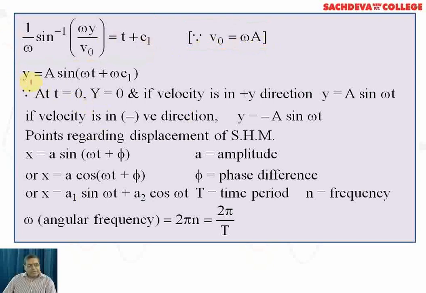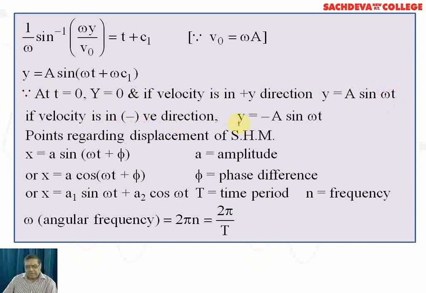Now the equation is y is equal to a sine omega t plus omega c. Take out omega as a constant: one is omega t, the other is omega c. At t is equal to 0 and y is equal to 0, y is equal to a sine omega t if the velocity is in the positive direction, and y is equal to minus a sine omega t if the velocity is in the negative direction.